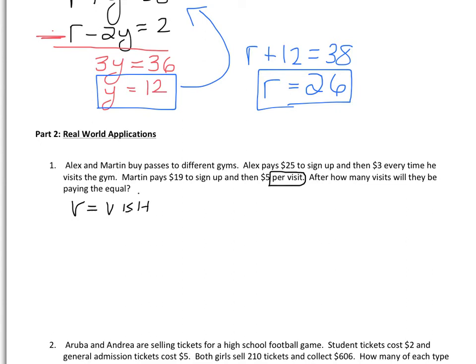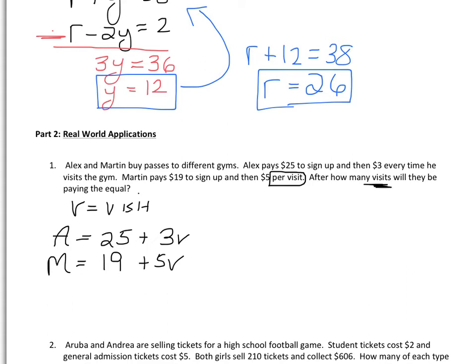So the Alex equation, his payment is going to be $25 to sign up, and then $3 every time he visits. Martin pays $19 to sign up, and then $5 every time he visits.